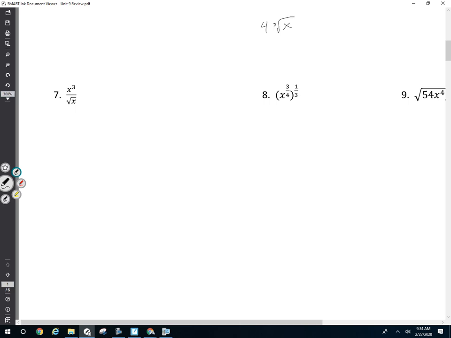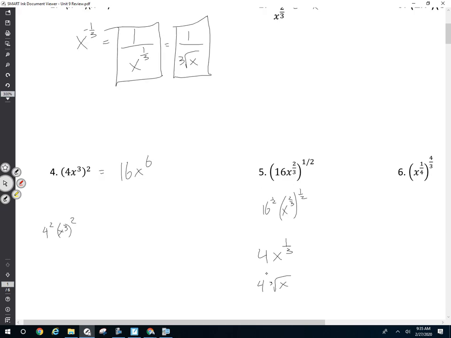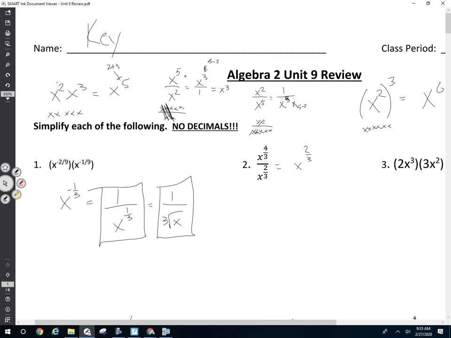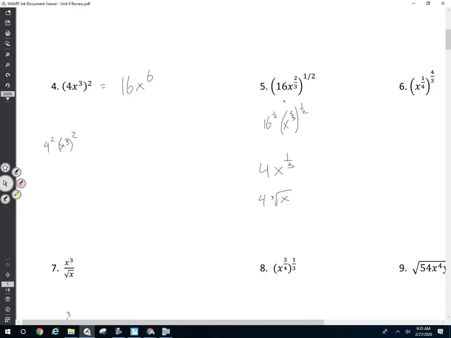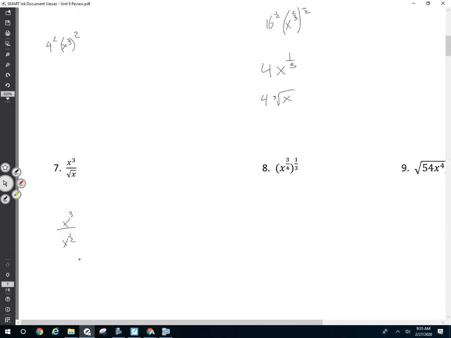Now, this next one seems tricky. I got x cubed, and then what I would recommend is turning this to a 1/2 power. Now let's go back and think. What do I do when I'm dividing? I end up subtracting the powers, and wherever I have more, that's where they end up. So I'm going to want to subtract these powers.